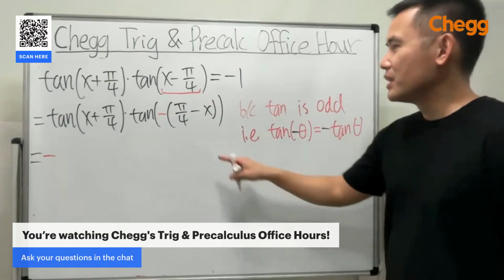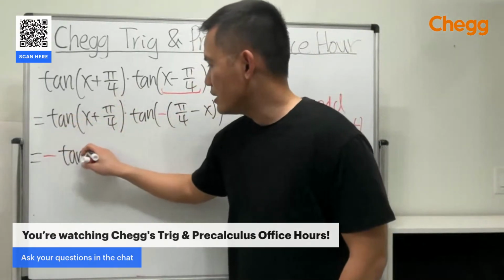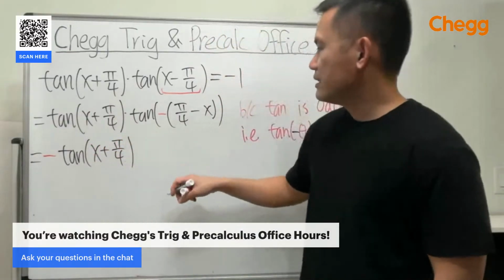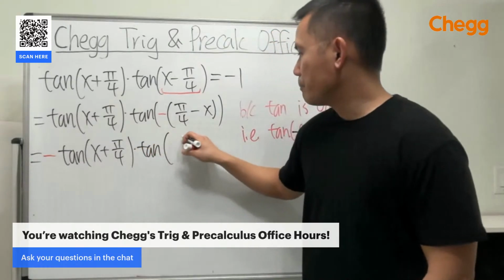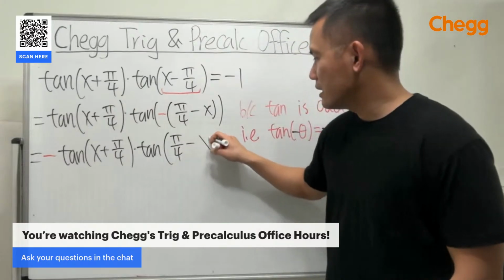So I can put a negative on the outside. This becomes negative tangent of x plus pi over 4, and then times tangent of pi over 4 minus x.